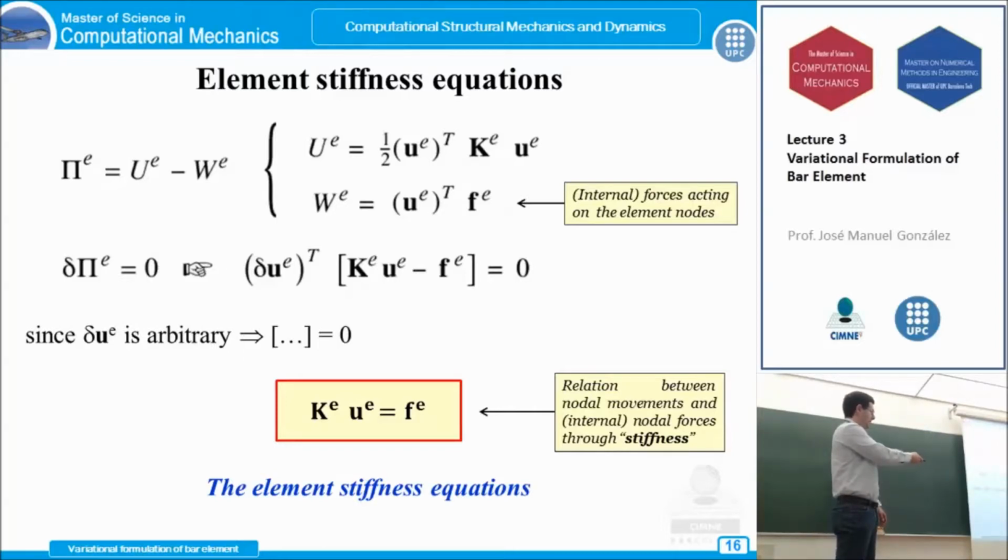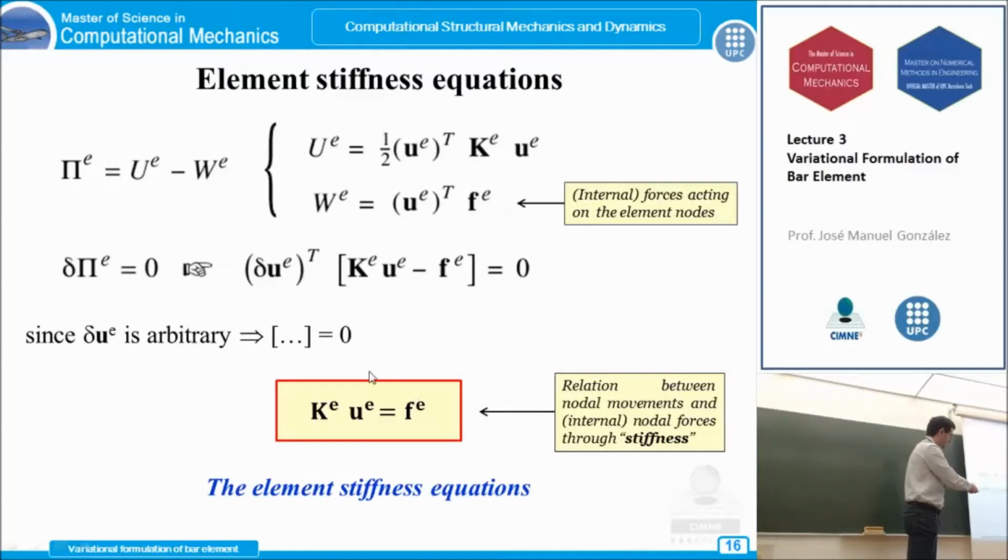Well, finally, if we want to get the solution of this minimization of total potential energy, taking into account that this nodal displacement is arbitrary, to assure this expression here equal to 0, we must guarantee that this term inside the brackets is 0. So this stiffness matrix times the nodal displacement minus the external nodal force vector is equal to 0.